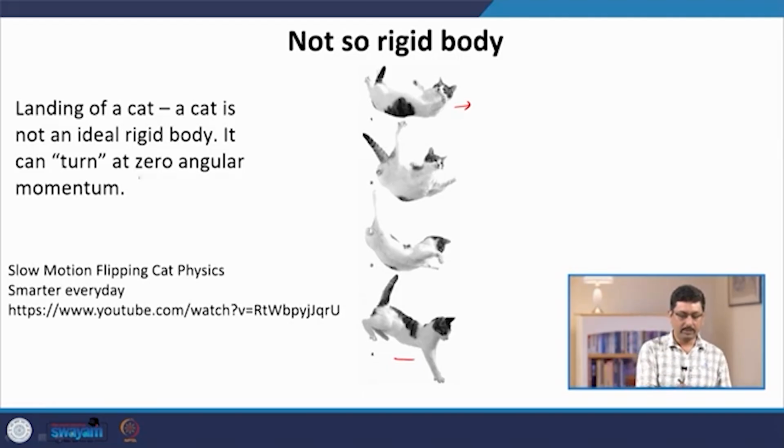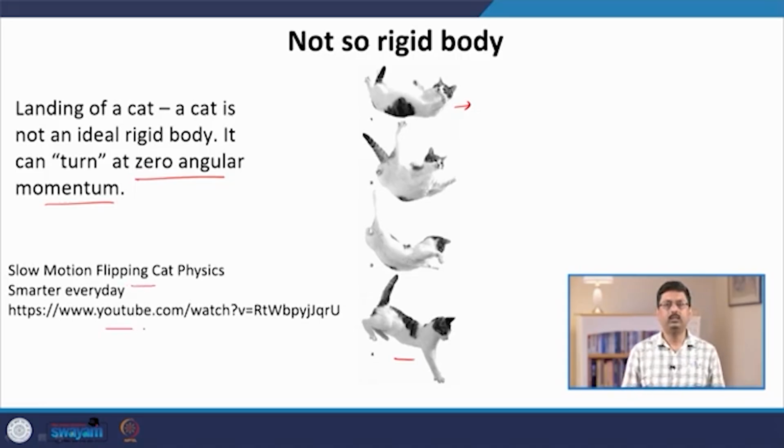So, this particular phenomenon of turning of the cat is called a zero angular momentum turn, and instead of going into more details, I refer you to some links on YouTube where you can see actual experiments with falling cats and the explanation of the interesting physics behind it.